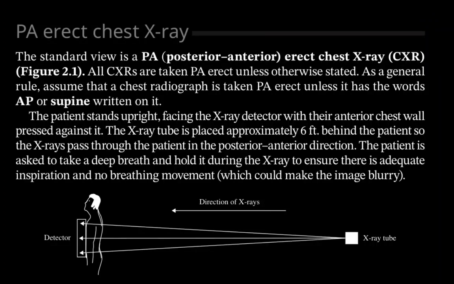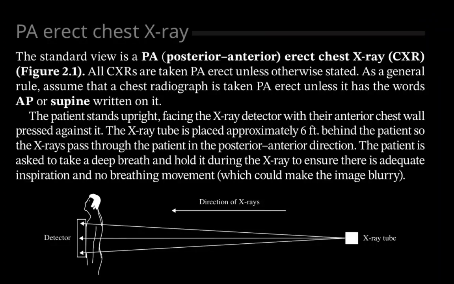The patient stands upright facing the X-ray detector with their anterior chest wall pressed against it. The X-ray tube is placed approximately 6 feet behind the patient. So the X-ray passes through the patient in the posterior anterior direction.